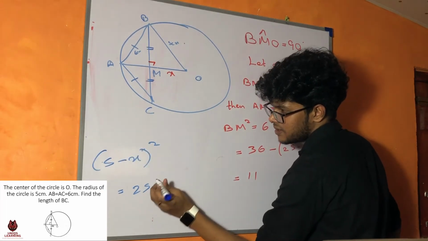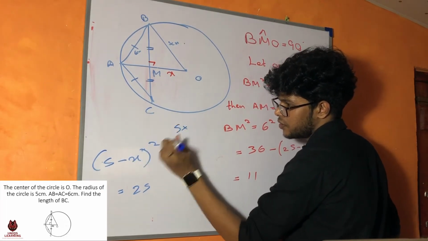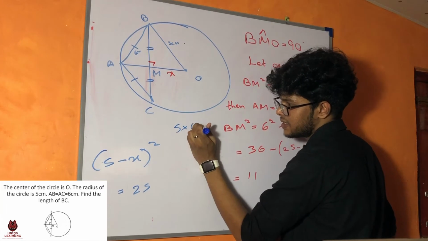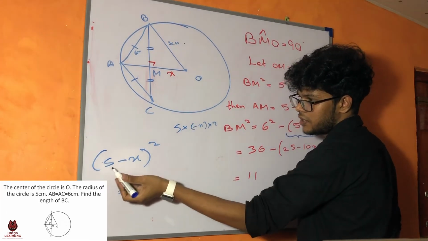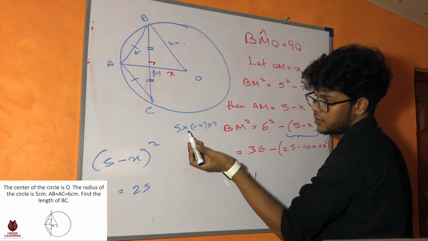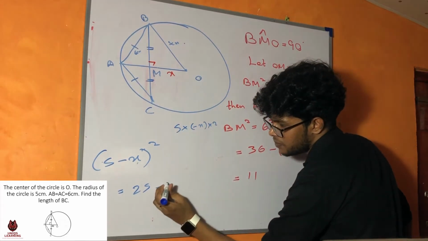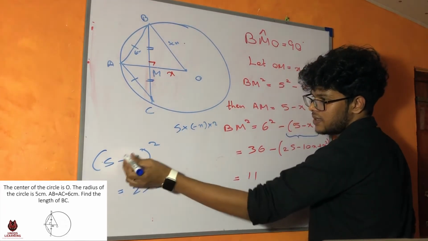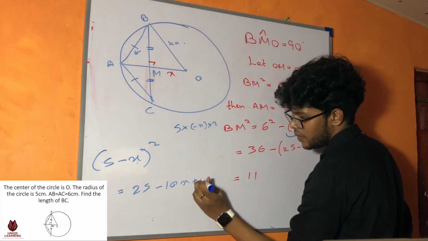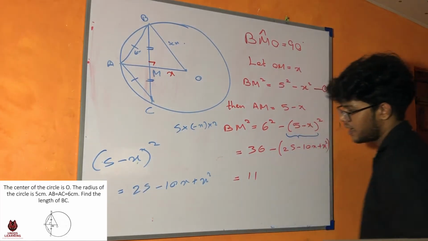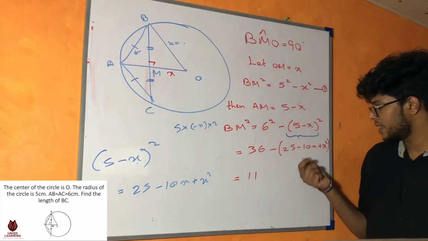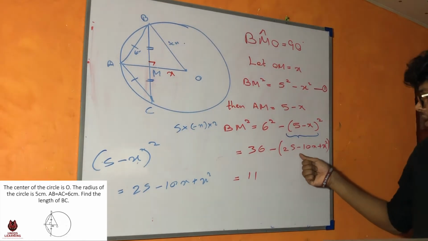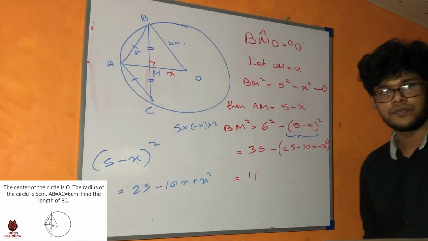So that is, first term is 5 into second term is minus x into 2. So it is going to be minus 10x and the last term square, that is x squared, right? That is like under quadratic you should have learned. So you will get 25 minus 10x plus x squared. That's how you got it.